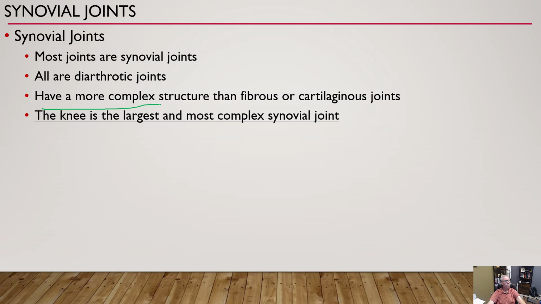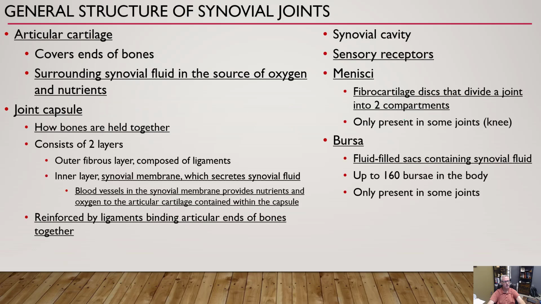They're going to have a little bit more complex structure than fibrous joints and cartilaginous joints. We'll briefly look at the knee joint. It's going to be the largest, most complex synovial joint out there. We're really not going to harp on it too much in the next slide.